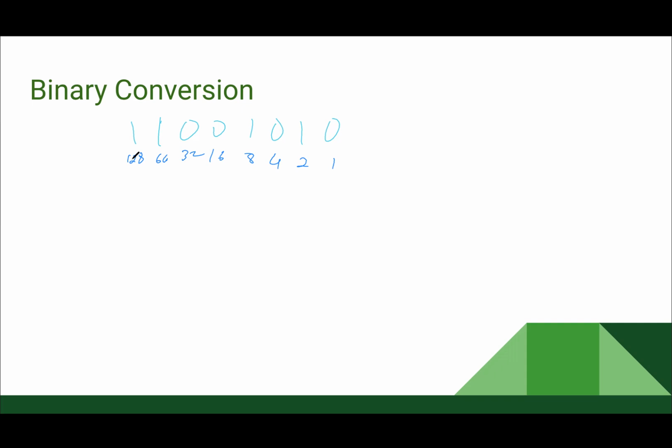So to convert, we are going to multiply once again the value of the digit by the value of the place. So fortunately, we're only multiplying by 1 and 0. So we're essentially just going to add up any of the positions that have a 1. So 128 plus 64 plus 8 plus 2. I can do a little bit of simplification. 128 plus 74.